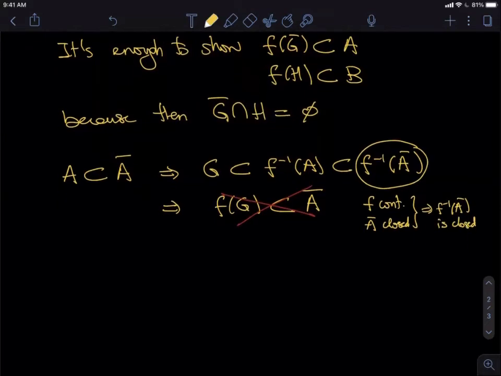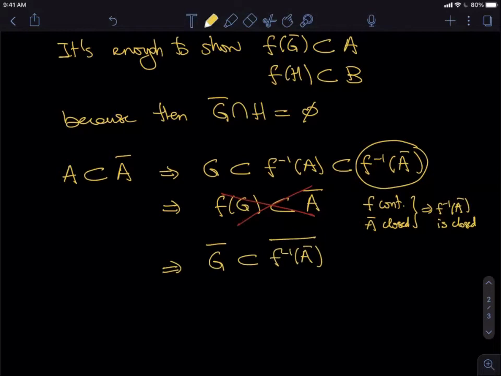So we can actually improve on what we just did and say, because G is contained in the inverse image of the closure of A, I can take closures on both sides.